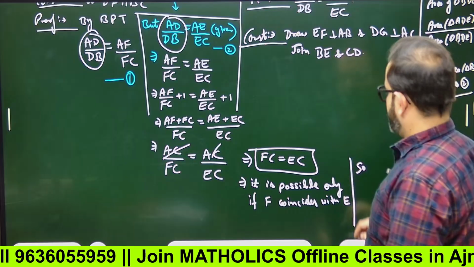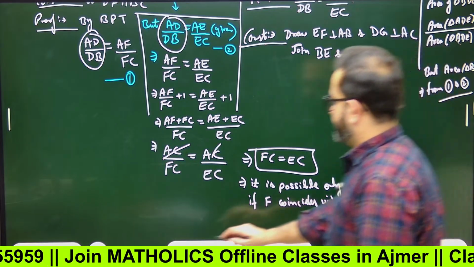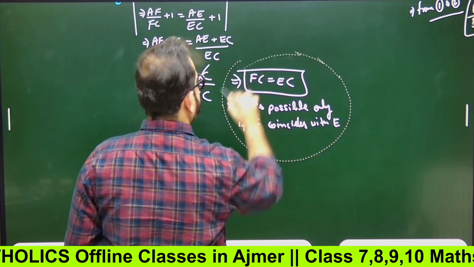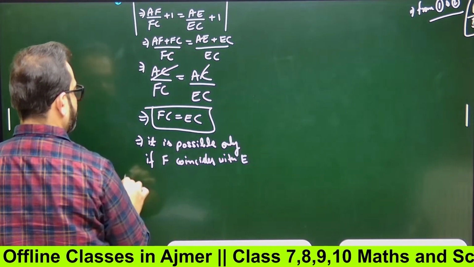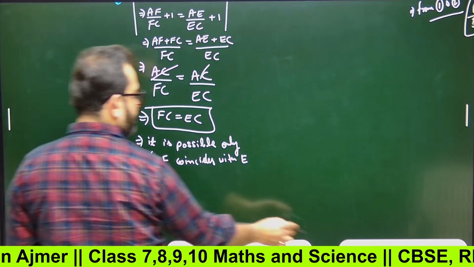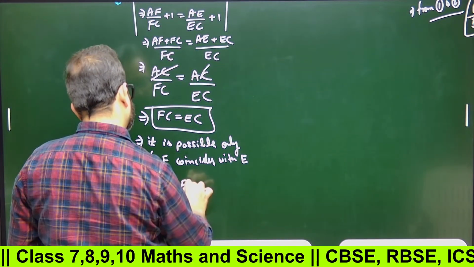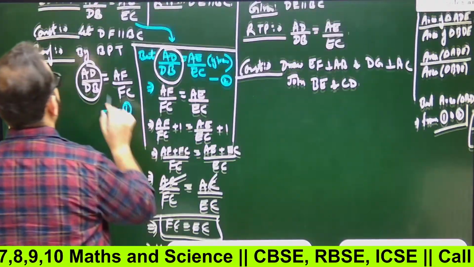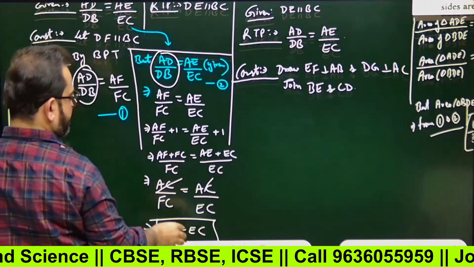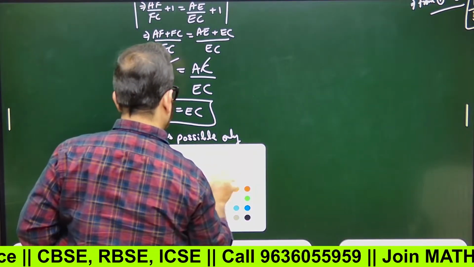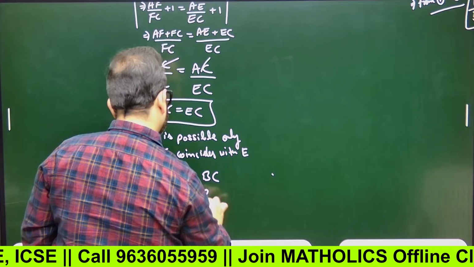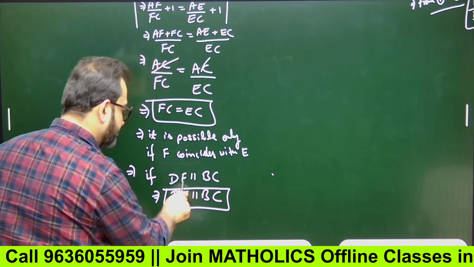So, we'll write at lower side only, right? It implies so if DF is parallel to BC, it implies DE also parallel to BC, because F and E are nothing but the one point.